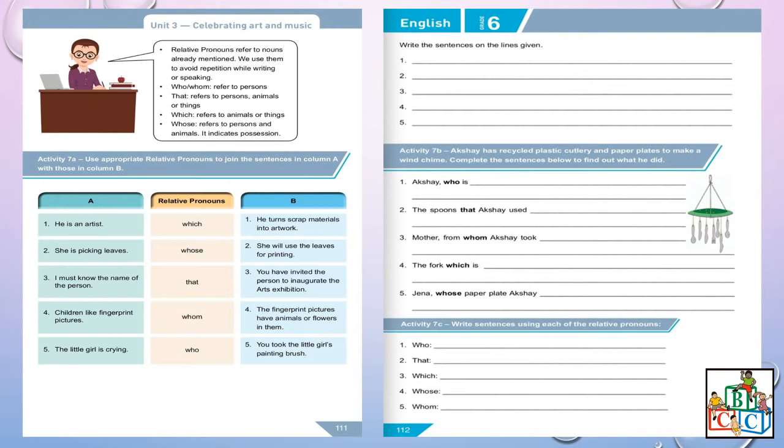Then for activity 7C, you will have to write your own sentences using the relative pronouns. I hope you're able to understand all the work that you have to do. Okay, let us move on.